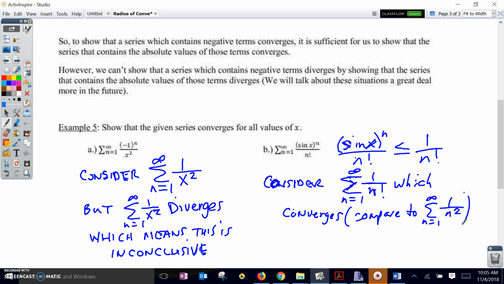And so for n greater than 4, 1 over n factorial is always smaller than 1 over n squared, which shows that it converges. And therefore, the conclusion that we can draw is that the original series converges for all values of x.